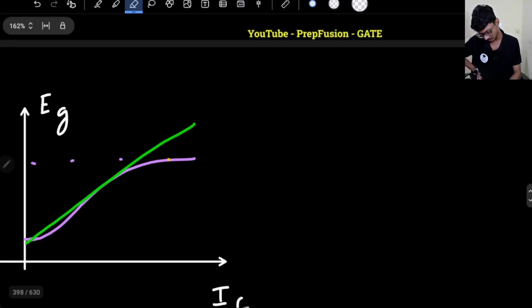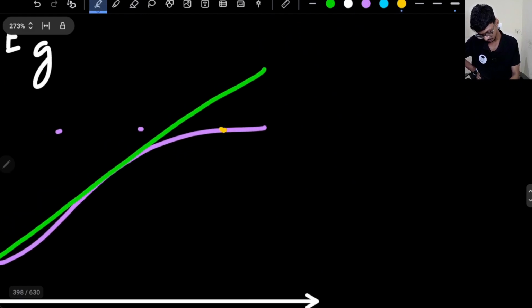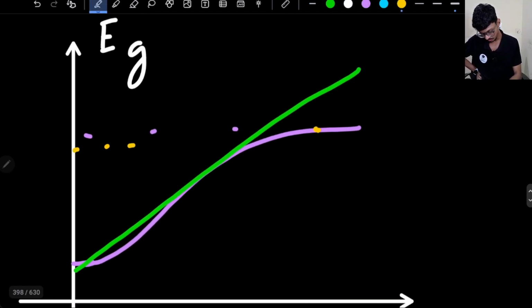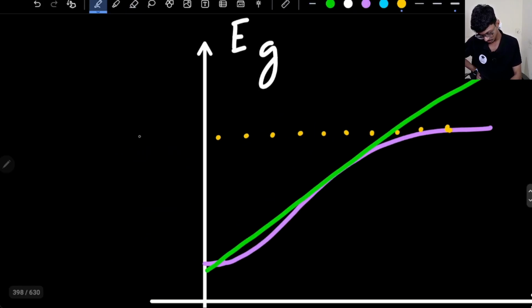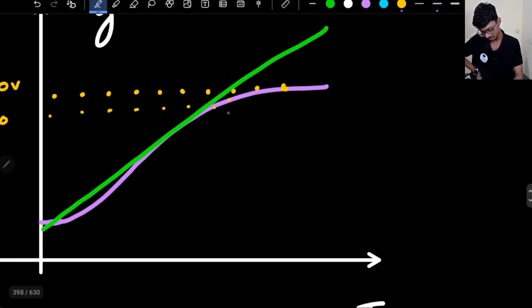So ultimately what I need to find out. Let's say this is one point, the value of the terminal voltage, which is 260 volts. And this value, let's say, is the point of 240 volts.